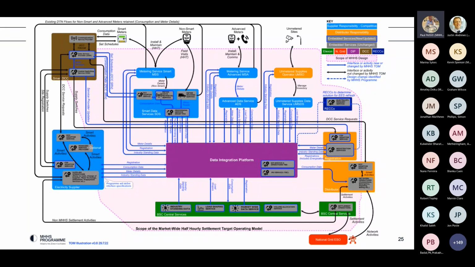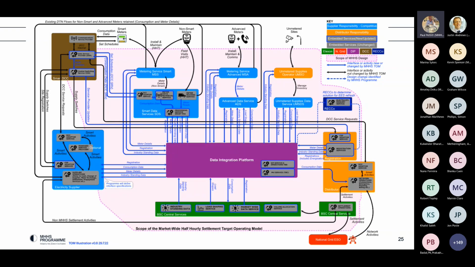This is a representation of the target operating model. It's got similarities to the one that was presented a few slides ago whilst Kevin was talking. But what this has done is added the data integration platform into the middle, and it shows the interfaces that go between the different players and participants around the market.